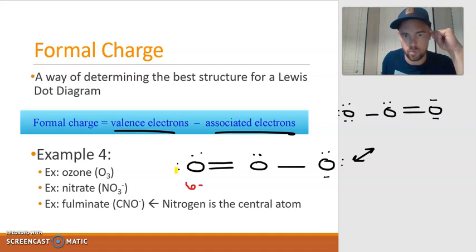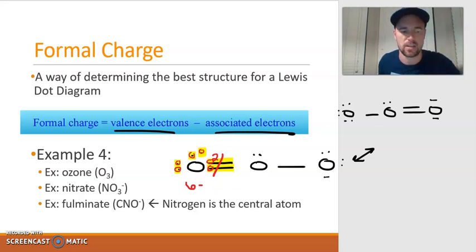So we have 1, 2, 3, 4, and then think about here. You have 2 electrons here and 2 electrons here. So there's 4 electrons here. Well, of these 4 electrons, this oxygen owns half of those 4 electrons. So it owns 2 of the 4. So 1, 2, 3, 4, and then 5, 6.